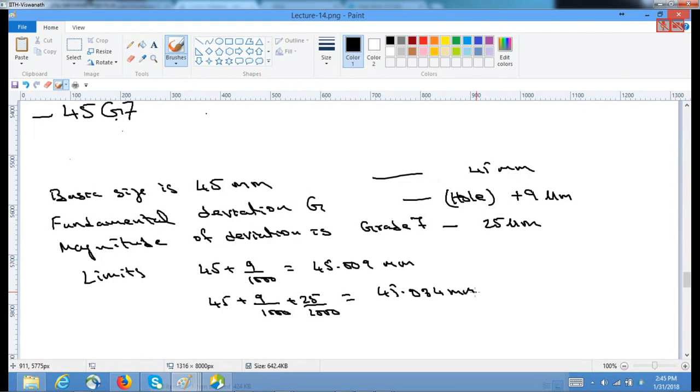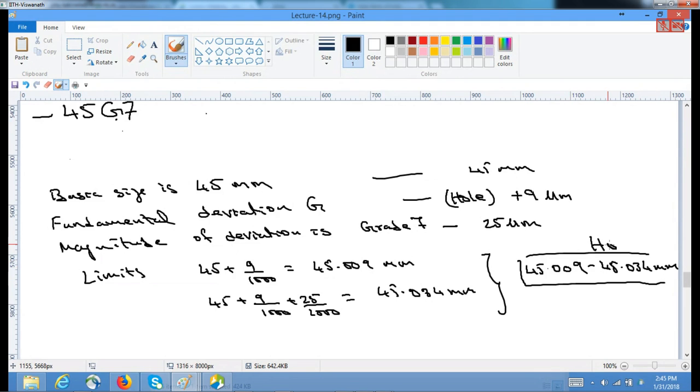So the limits are 45.009 to 45.034 mm, the tolerance we are allowing for the hole of diameter 45 mm. This is the lower limit, and the other one is the upper limit.